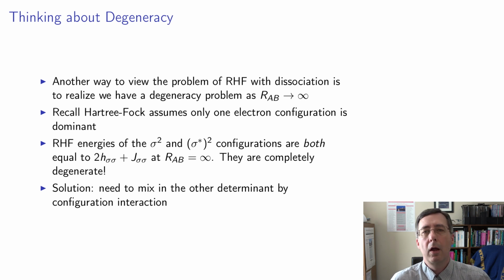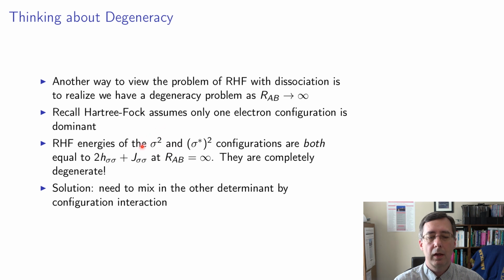So remember, Hartree-Fock has exactly 1 Slater determinant in it, and the reason we do that is we assume there's 1 electron configuration that's important. But if I have the H2 molecule and I go to infinity for the bond length, there are actually 2 electron configurations that are just as important as each other, and I'm forced to pick only 1 in RHF, and that's my problem. What are these configurations?